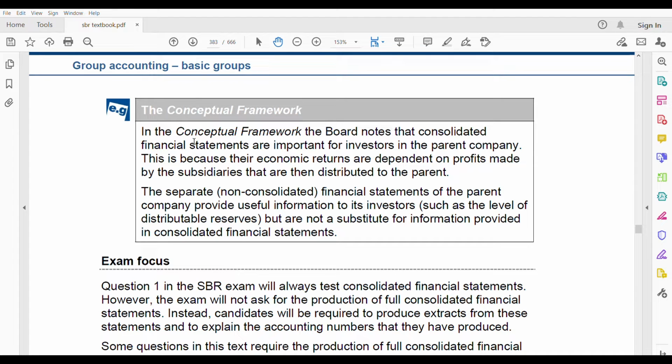Consolidated financial statements are important for investors in the parent company. Why? Because the parent's returns depend on the profits that are made by the subsidiaries that are then distributed to the parent. But if there were non-consolidated, separate financial statements of the parent and the subsidiary, what happens?